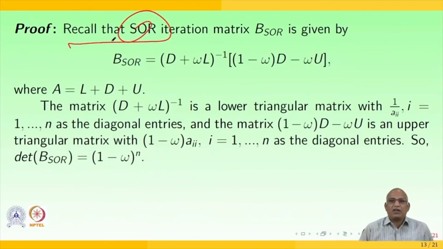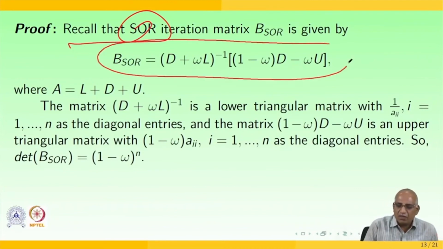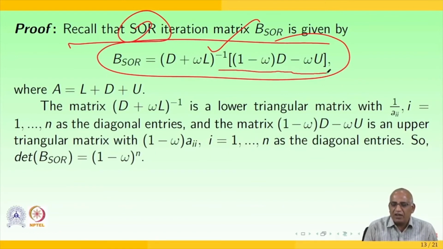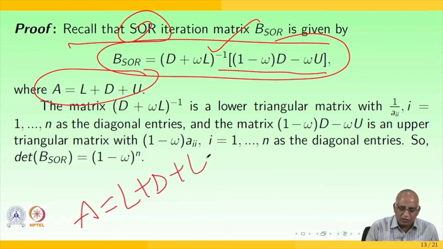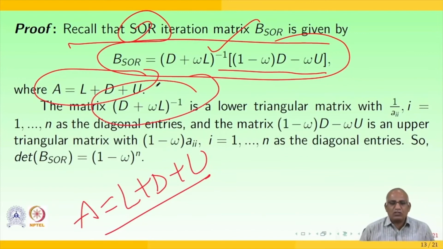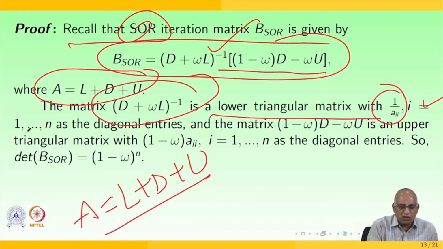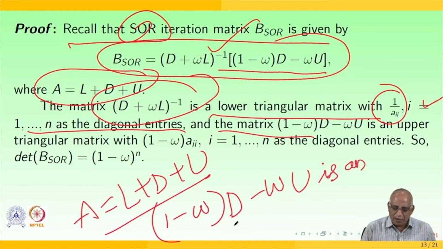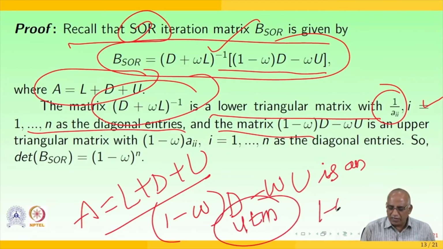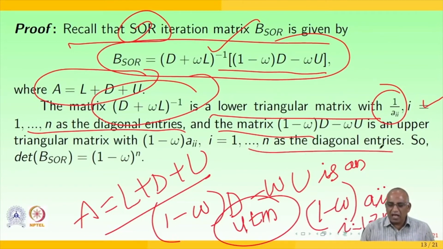We recall that the SOR method, successive relaxation, is given by (D + omega L) inverse multiplied with ((1 - omega) D - omega U), where A = L + D + U. The matrix (D + omega L) inverse is a lower triangular matrix with 1 over a_ii, i = 1 to n, as the diagonal entries, and the matrix (1 - omega) D - omega U is an upper triangular matrix with (1 - omega) a_ii, i = 1 to n, as the diagonal entries.